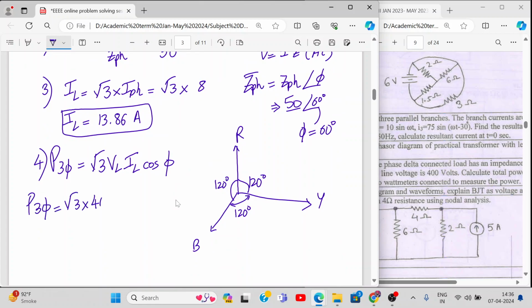VL कितना था 400. IL कितना है अभी 13.86 and cos of phi. Phi किधर गया 60 degree. So calculate this number. It will be a huge number. Write it in watts. So 400 into 13.86 into root 3 into cos of 60 degree. How much it is?